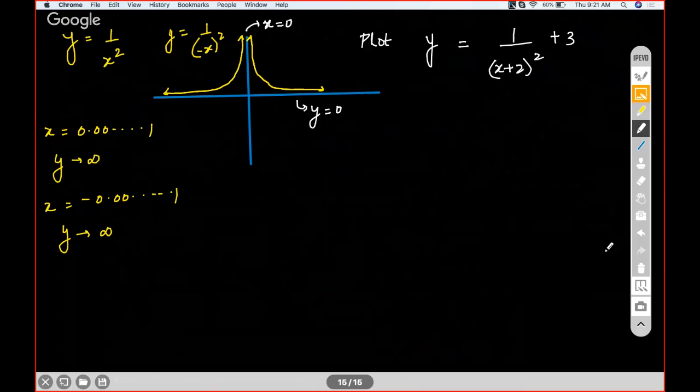So at y equals 3, there'll be an asymptote. Then also there'll be an asymptote at x equals -2.